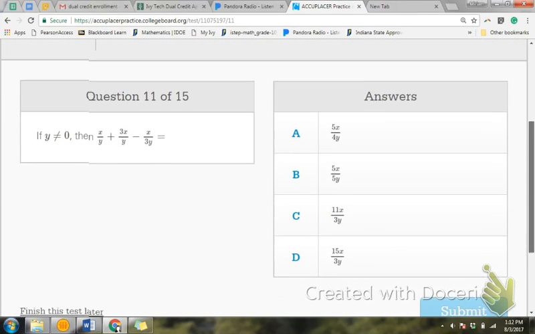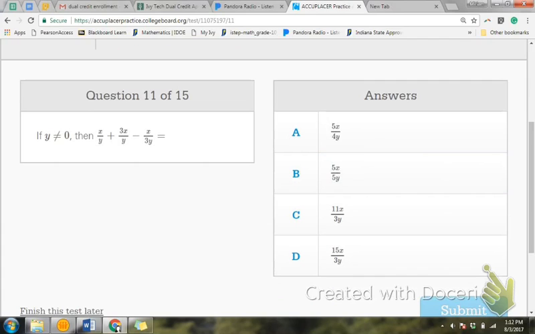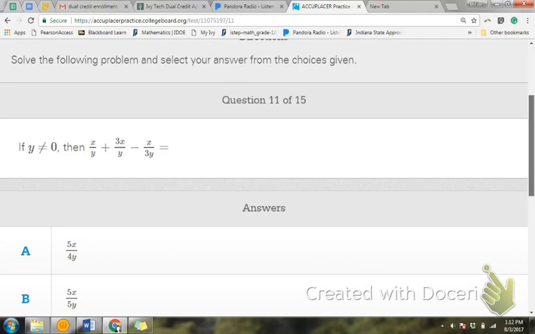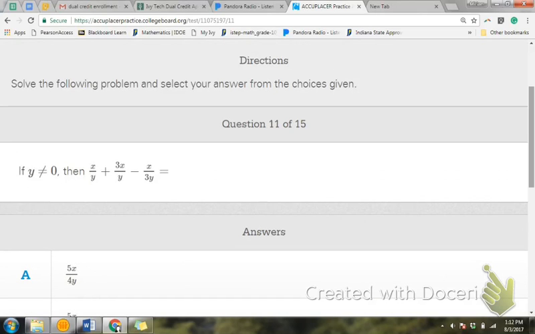All right, this is a great question. You may or may not have any like this. All right. Write this down. x over y. So again, they're telling you y can't be 0, because if it was 0 in the denominator, that's an issue, right? Write this on your board. x over y plus 3x over y minus x over 3y.